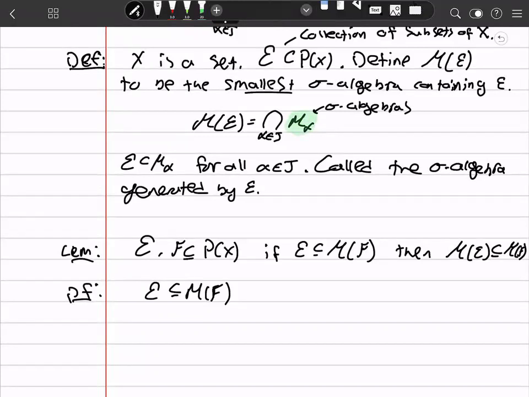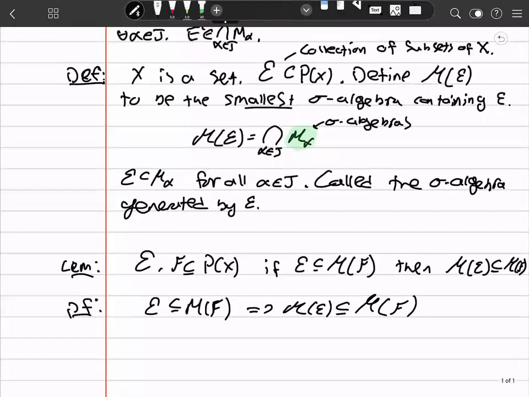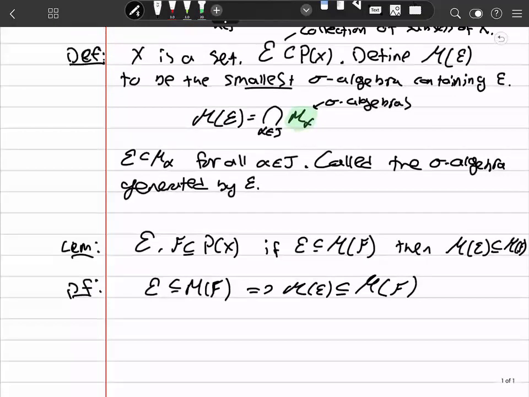And we know that M of E is equal to the intersection of all of these M sub alphas. So that implies that M of E has to be contained within M of F, because M of E is the intersection of all sigma algebras containing E, and M of F is a sigma algebra that contains E. So M of E must be contained within M of F.